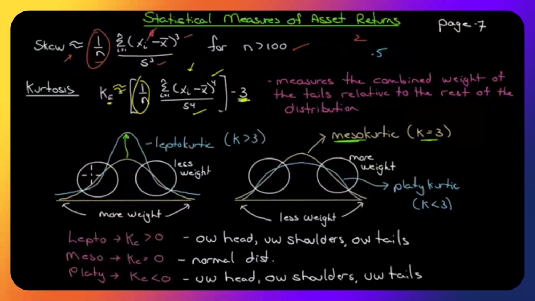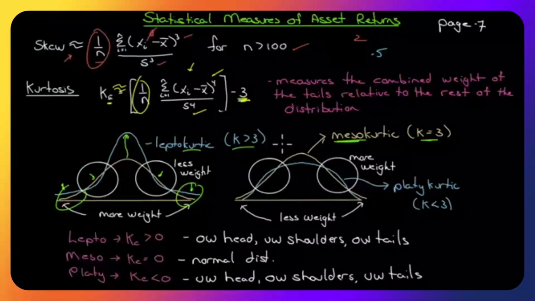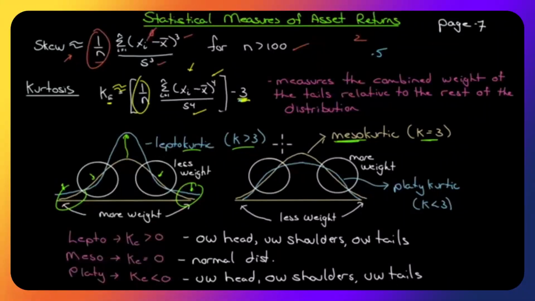Notice that it is underweight in the shoulders and overweight in the tails. And that is a leptokurtic distribution. And remember, it's measuring the combined weight of the tails relative to the rest of the distribution. Well, there will be more weight in the tails of a leptokurtic distribution relative to the rest of the distribution, so it will have excess kurtosis, K greater than 3.